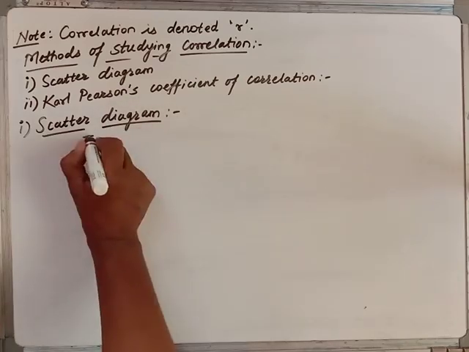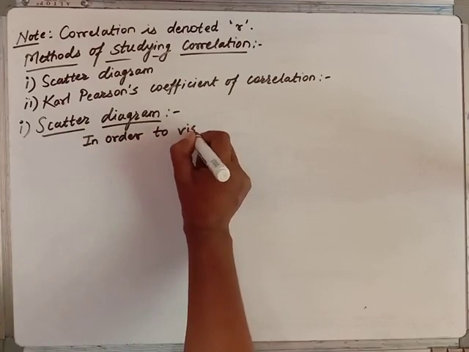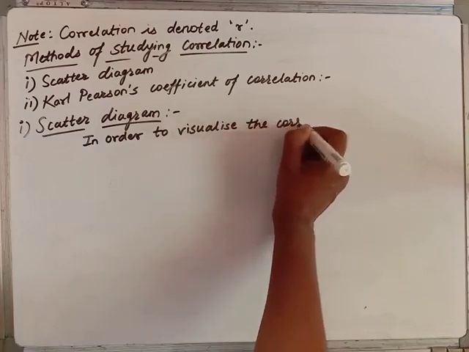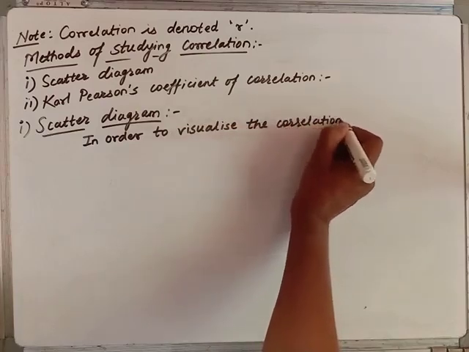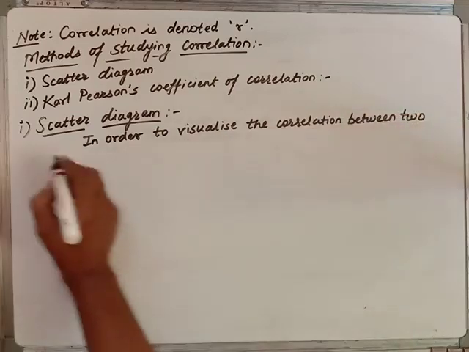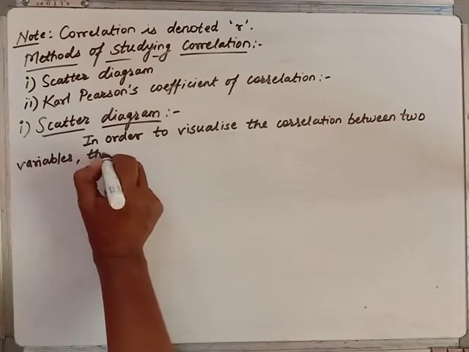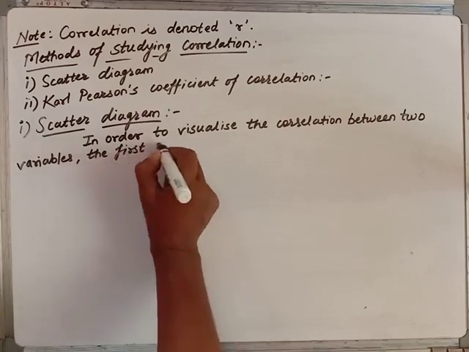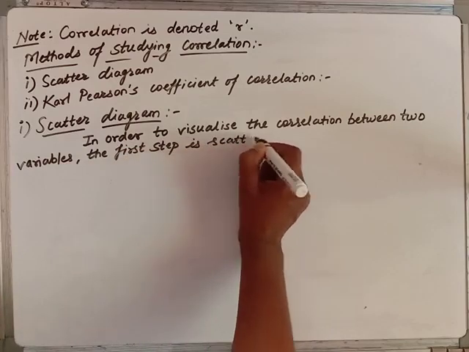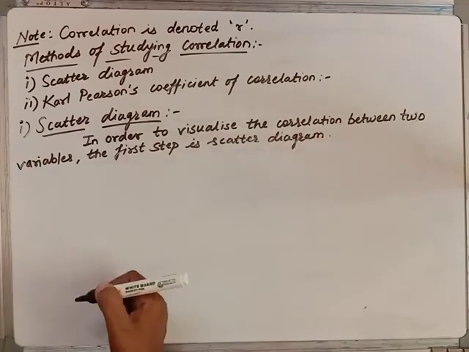So in order to visualize the correlation between two variables, the first step is the scatter diagram.